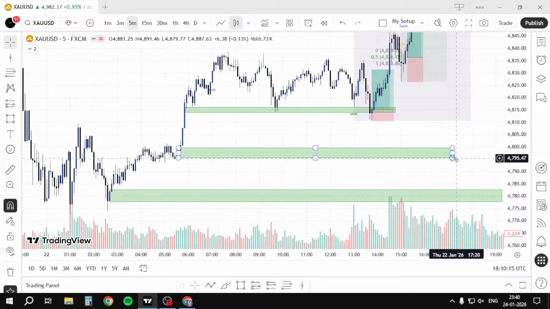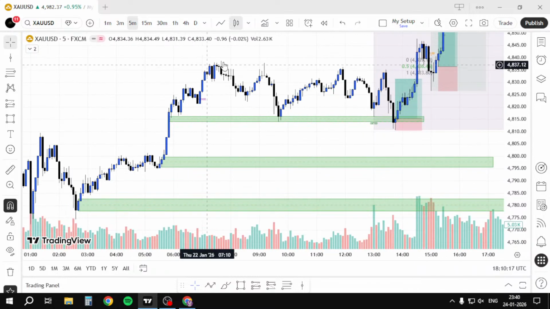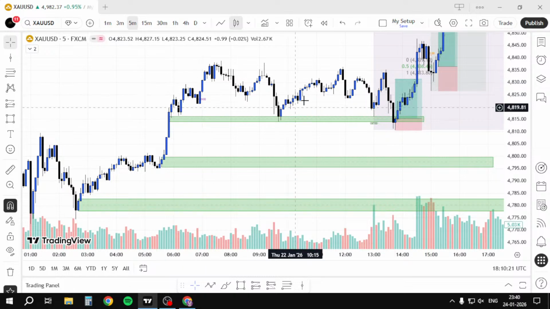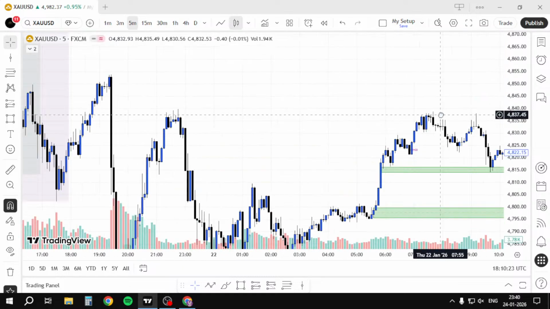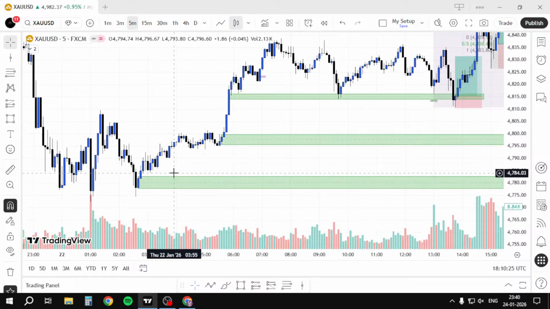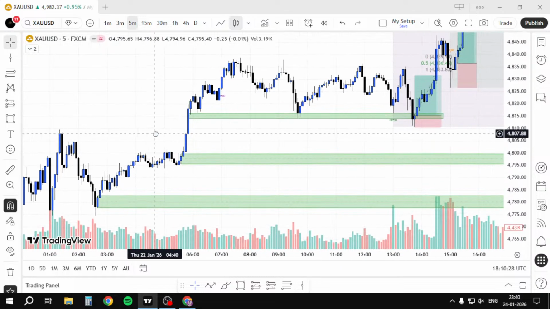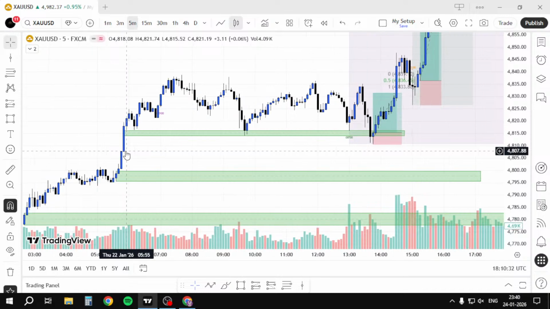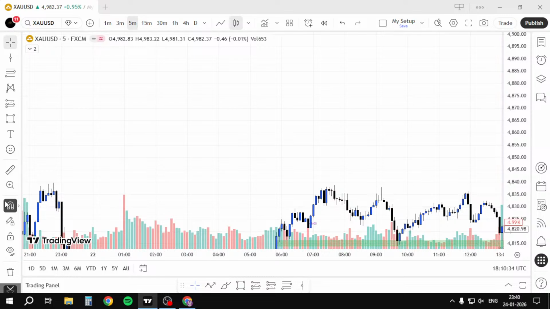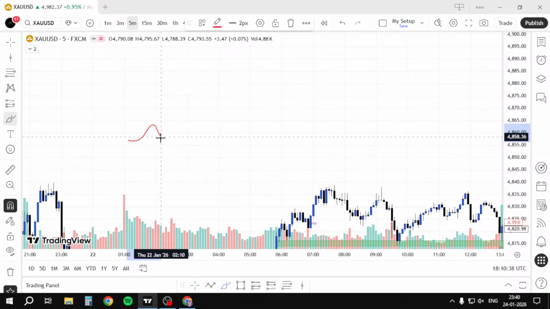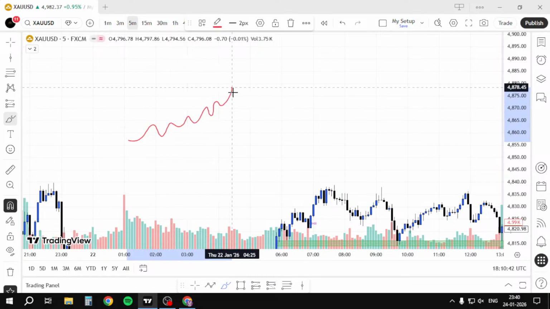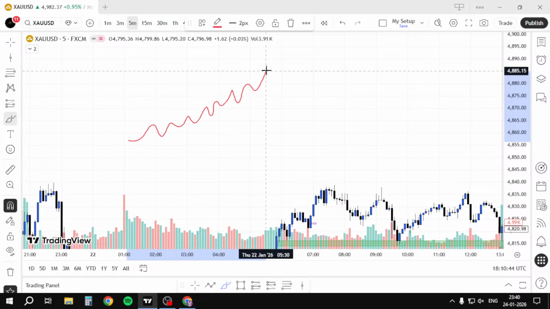Now see, here is a ranging market. Now do not look for upside liquidity, look for downside liquidity always, because gold is an upward instrument. If you look at the daily time frame, it moves like this. After a few days, it breaks its structure and grows gradually upside.